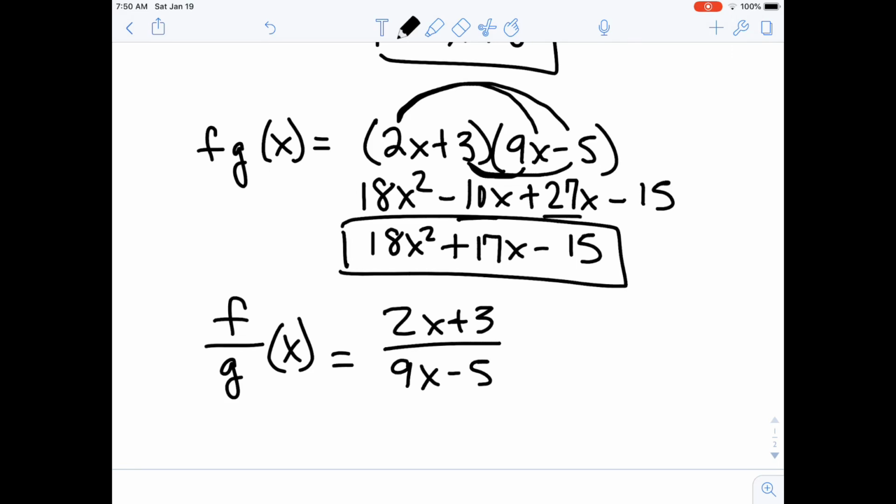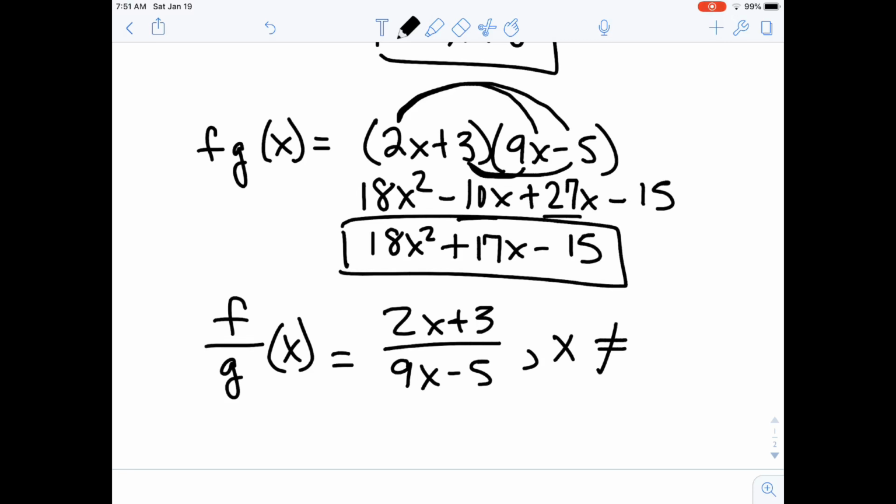They will add in a comma, and then they'll say x cannot equal. What they're finding in this second part is the domain. They're basically listing values that you can't use.